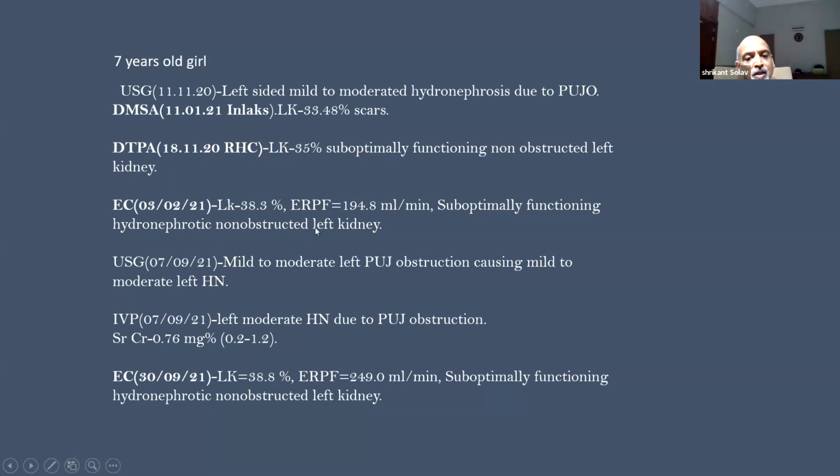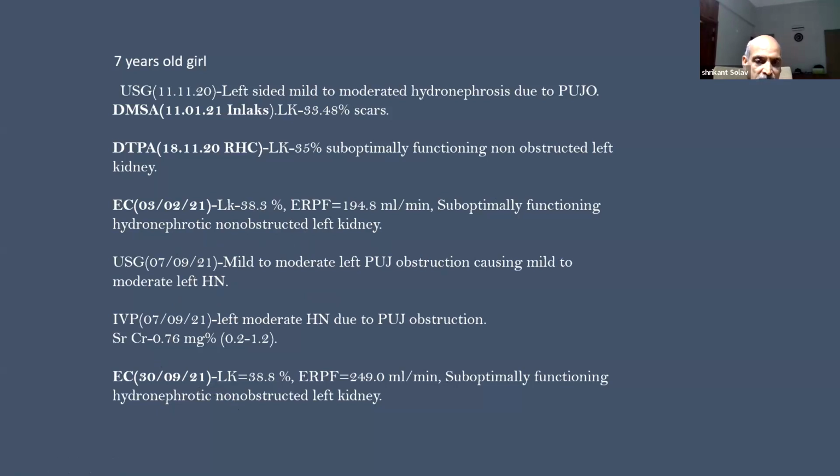And once again, we said it is unobstructed. The patient returned in 6 months' time because ultrasound showed moderate hydronephrosis, PUJ obstruction. IVU also revealed PUJ obstruction. And we repeated the scan in September. And once again, I thought, and my team members thought, that we are dealing with an unobstructed kidney.